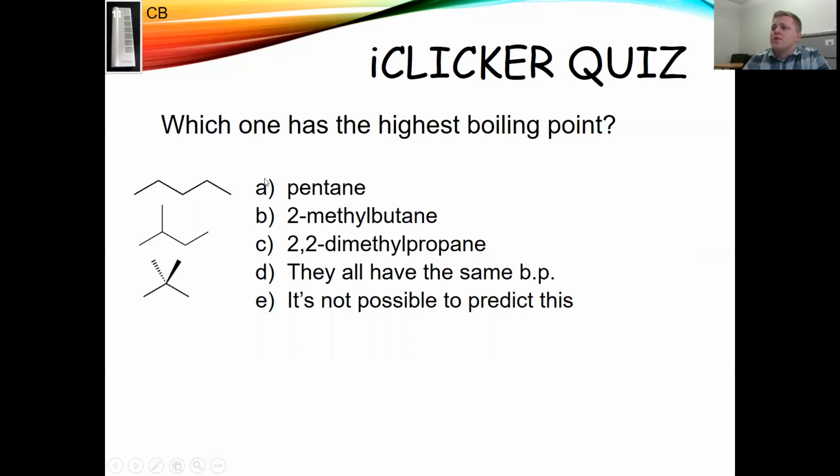Okay, so the pentane is going to have the highest intermolecular interactions. And that means it's going to be the hardest to boil. And so pentane is going to have the highest boiling point, 36 degrees. And this 2,2-dimethylpropane is going to have the lowest at 10 degrees Celsius.